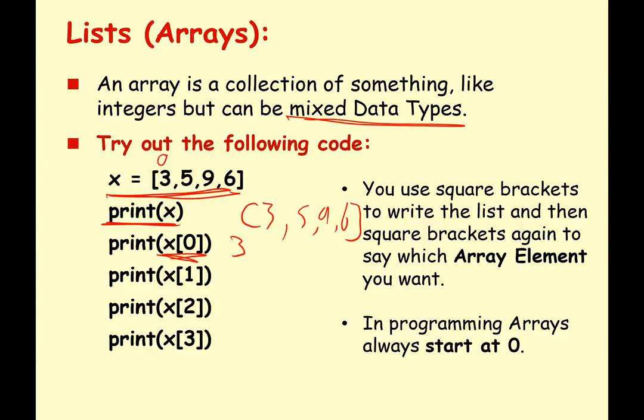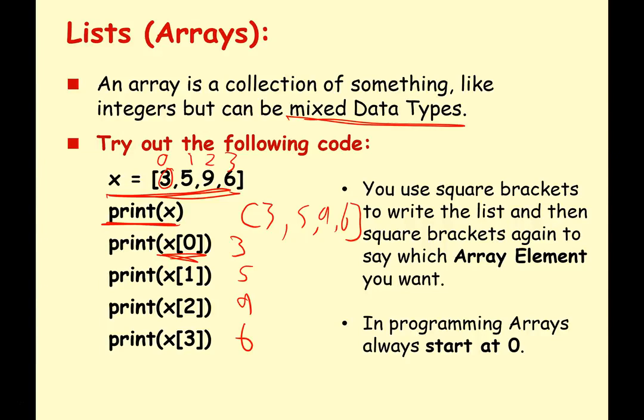This is position 0, this is position 1, 2, 3. So there are 4 items in the list, and that's 0, 1, 2, and 3. So if we say print x[0], it prints out the 3. When we say print x[1], it's going to print 5, print x[2] is 9, and print x[3] will print out 6. So that's how we can access each individual item in our list/array.